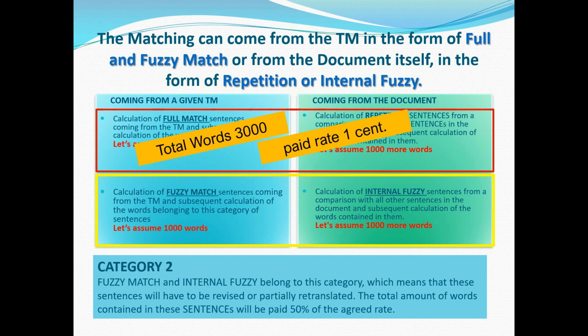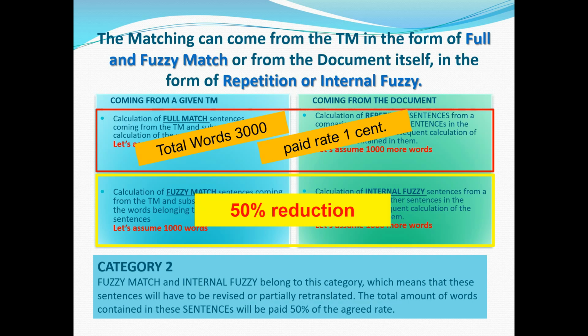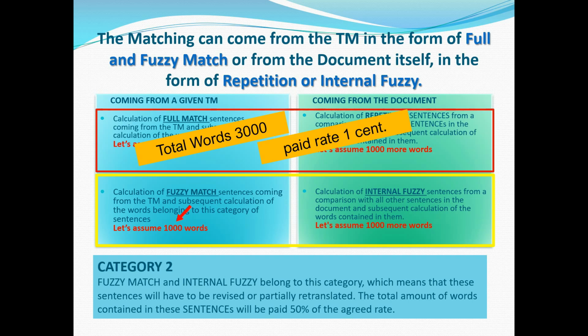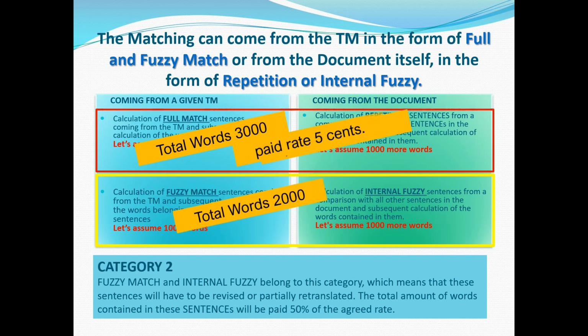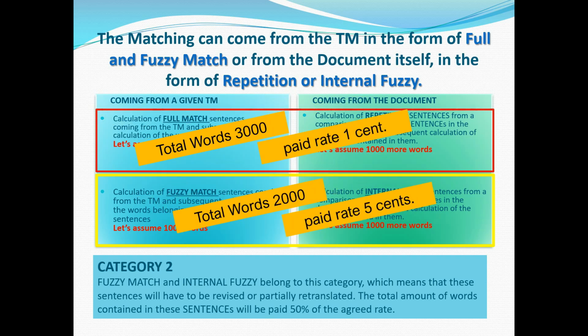So the total amount of words contained in these sentences will be paid 50% of the agreed full rate. So here the reduction will be 50%. And because we have 1,000 fuzzy match words and 1,000 internal fuzzy words, the total amount will be 2,000 words, and those will be paid just 5 cents.